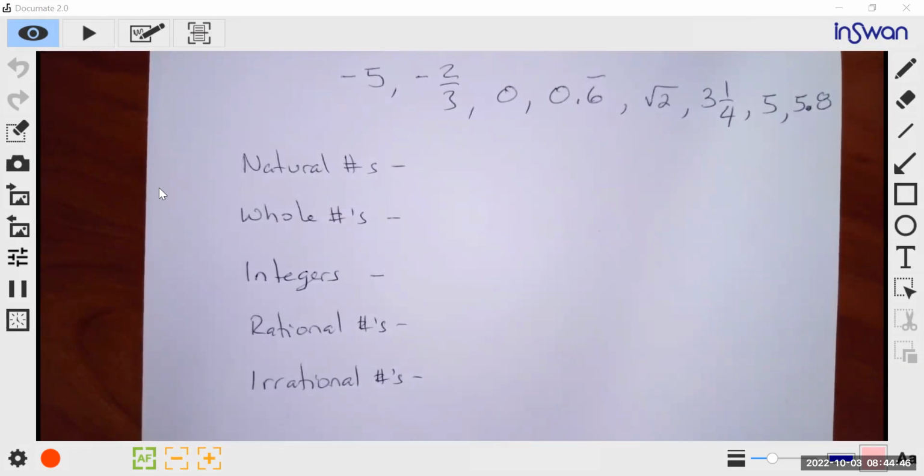So from that list, tell me which ones are natural, whole, integers, rational, and irrational numbers.